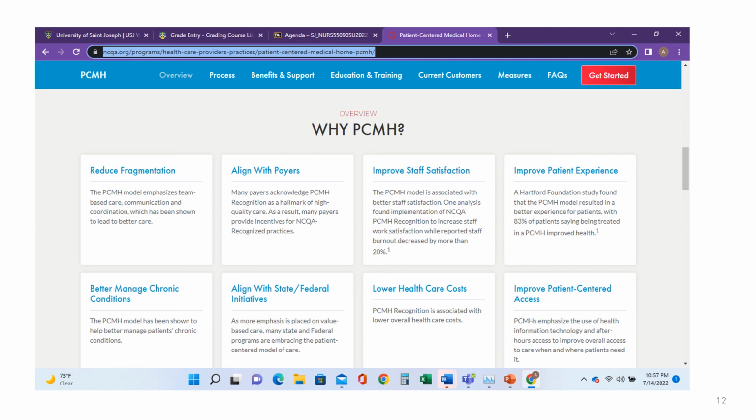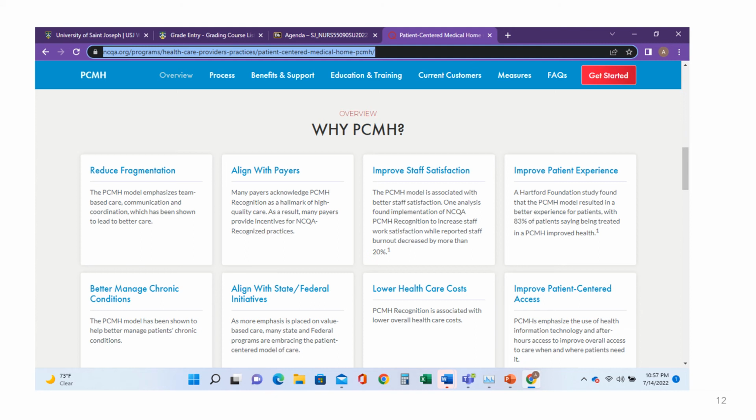And so these are some of the enticing aspects of it: it improves the patient's experience, improves staff satisfaction, aligns with payers. Payers acknowledge this recognition, this voluntary certification, as a hallmark of high quality care. And it reduces fragmentation and better manages chronic conditions.